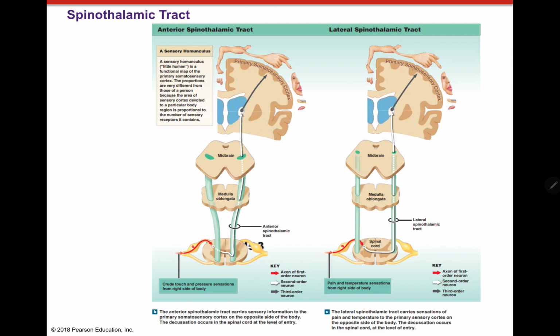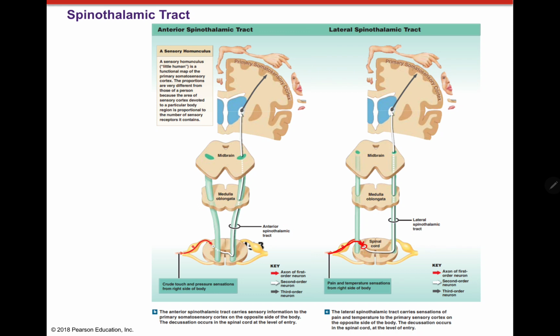So let's look at the lateral spinal thalamic tract. We have that first order neuron coming in, giving us information about pain and temperature sensations. For example, this one is from the right side of the body, right? When that first order neuron gets into the spinal cord, it's going to synapse with the second order neuron right here.